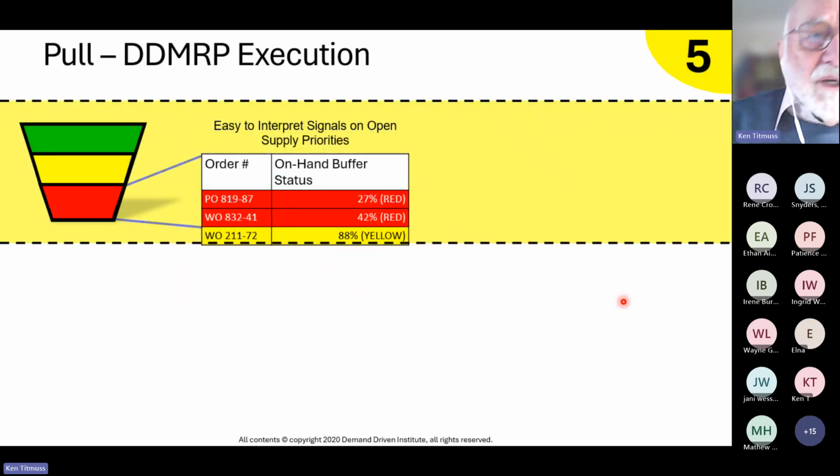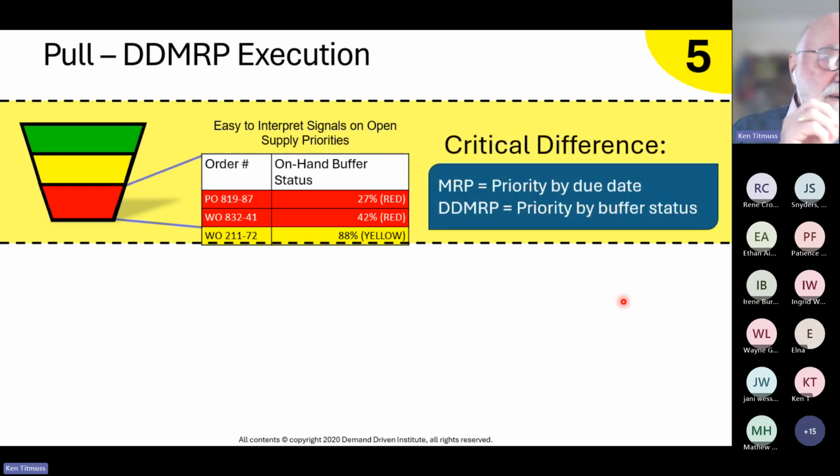Well, with execution, we change the way we look at priority, okay? With MRP and DRP, priority is always by due date. We don't have another way of doing it. With DDMRP, priority is about buffer status, okay?